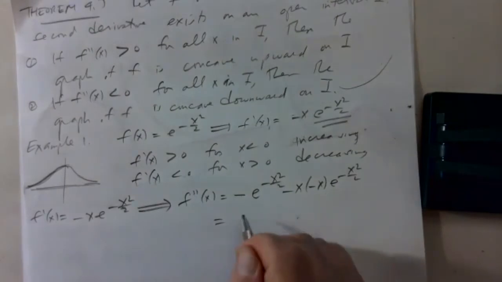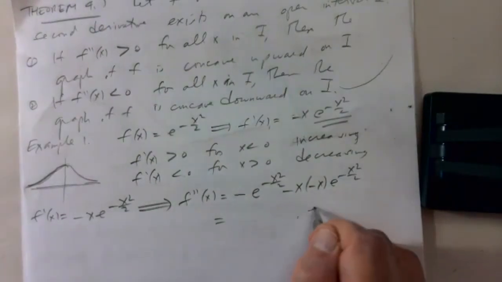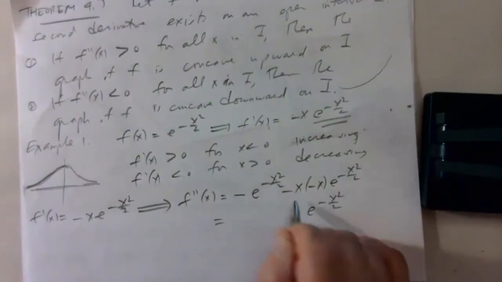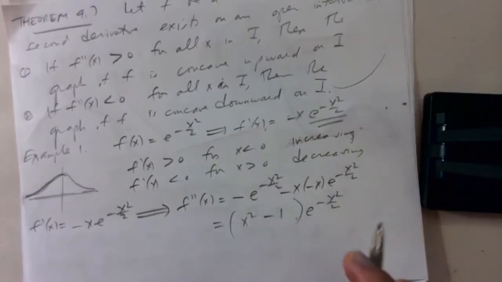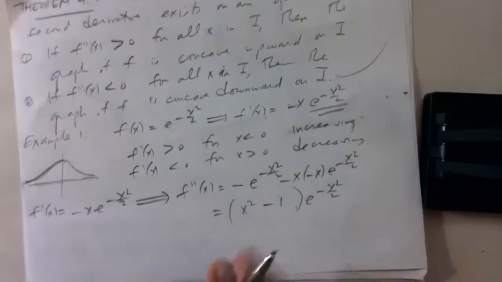First of all, I can factor out an e to the minus x squared over 2, and this is x squared minus 1. So f double prime of x is equal to this.